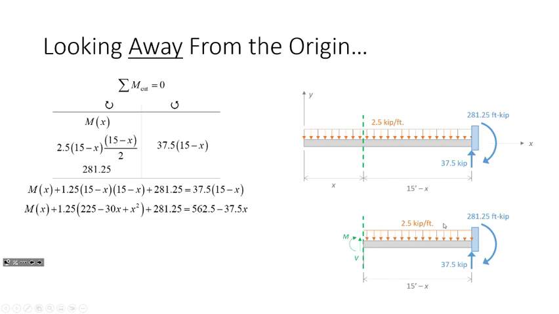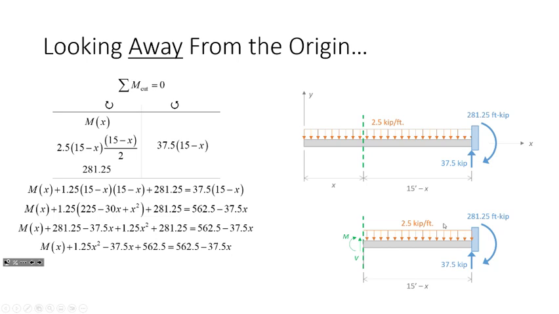Negative x is that. Let's take care of some more multiplication. So, distribute the 1.25, distribute that, distribute that, distribute that. We have this. Collect our like terms. So the 281.25, the 281.25 gives us this. The 37.5, okay. So what happens? That cancels, that cancels. So we're left with this. By golly gosh gee.